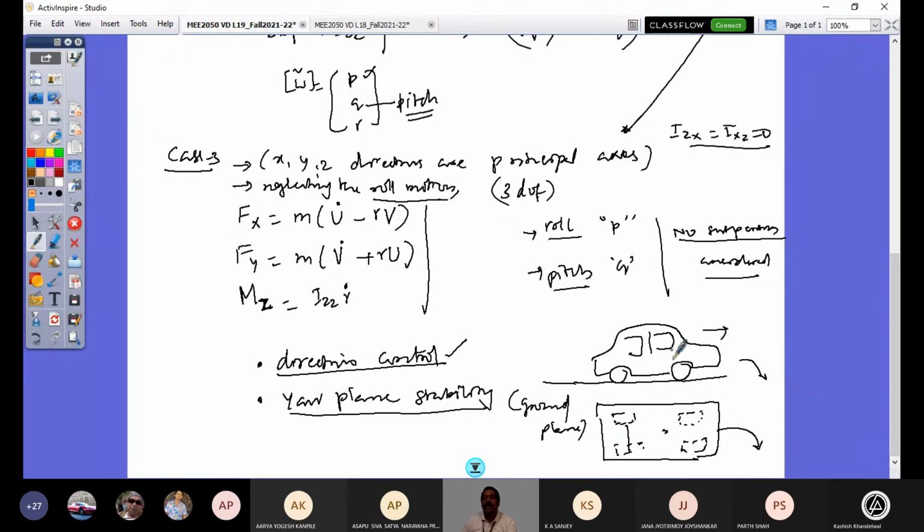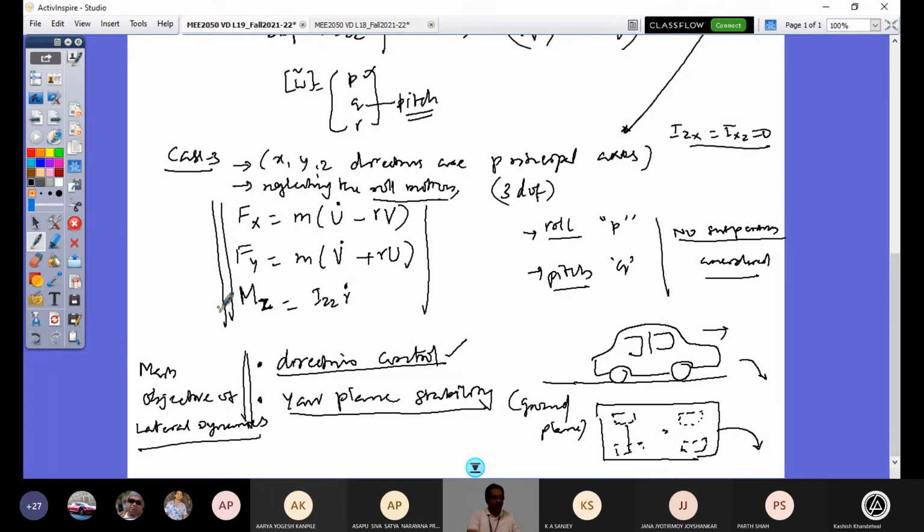At the moment, I am not going to look at it. So my primary objective of lateral dynamics is directional control on the ground and yaw plane stability. Then these three equations are quite sufficient.